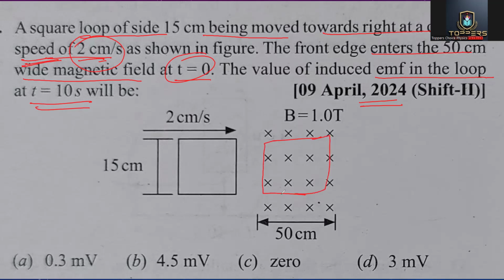It will be inside the magnetic field. If the complete loop is inside the magnetic field, what will be the change in magnetic flux? The change in magnetic flux will be 0 at t equal to 10 seconds, right? So we can say that the EMF across its ends will be 0 only.